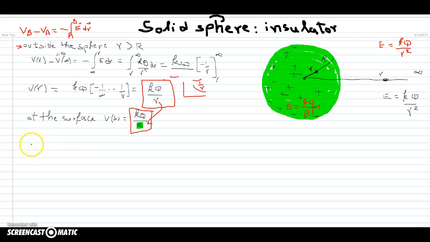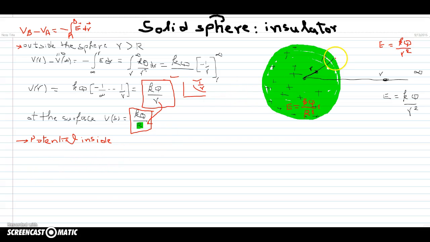Now let's investigate the potential inside the non-conducting material.